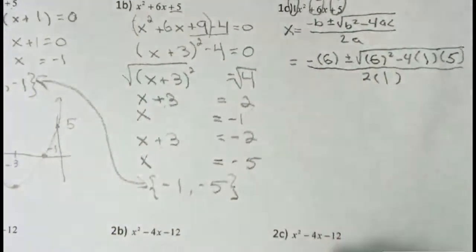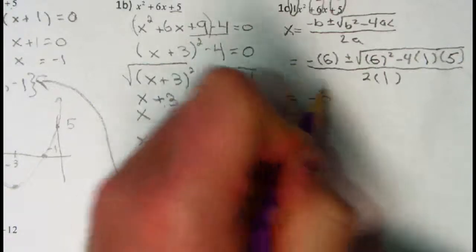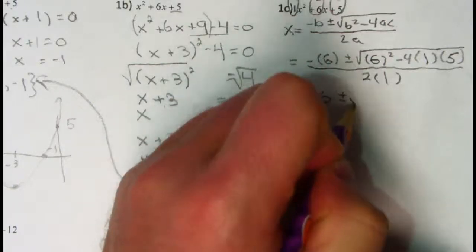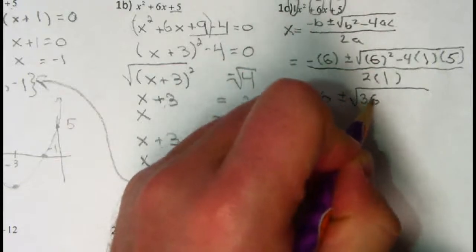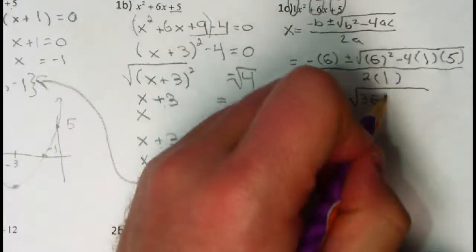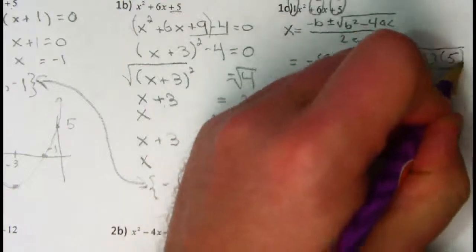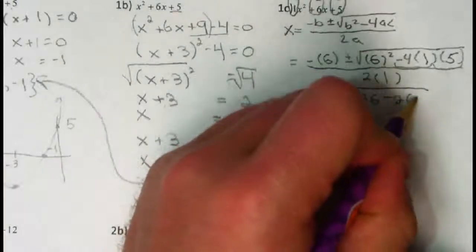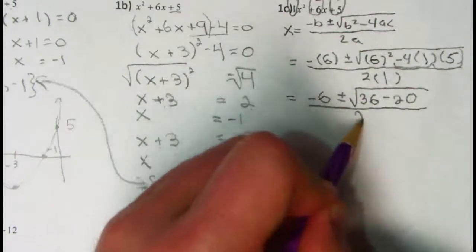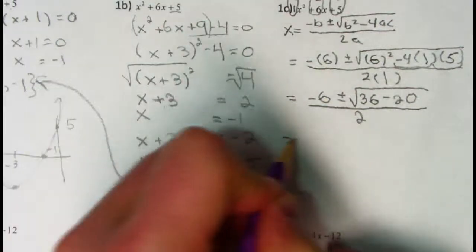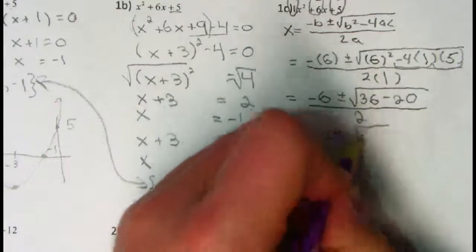Plug everything in correctly. Negative 6 plus or minus 36 minus, let's see, negative 4 times 1 is negative 4 times 5 is negative 20. So we have 36 minus 20 is 16.